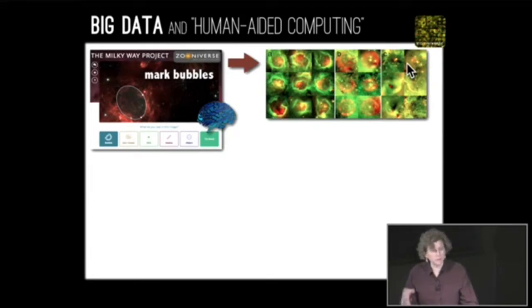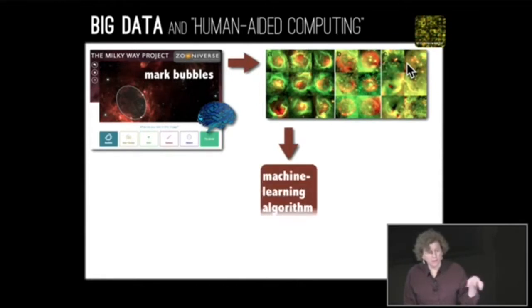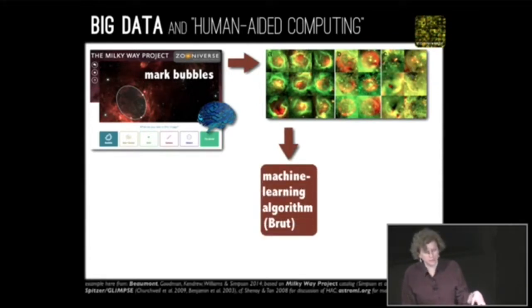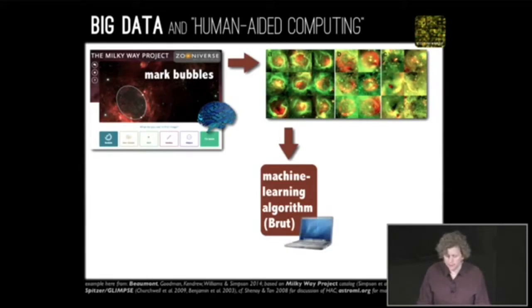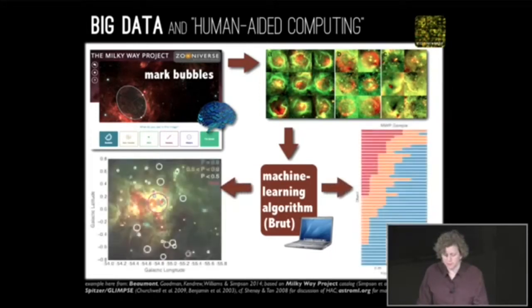But what you can do is you can take those things and you can use that output as the input to a machine learning algorithm. And in this case, that algorithm is called Brute. And Chris can tell you afterwards all about the details of how it works, but importantly, it works entirely inside of a computer using input that is essentially the visual system of humans.